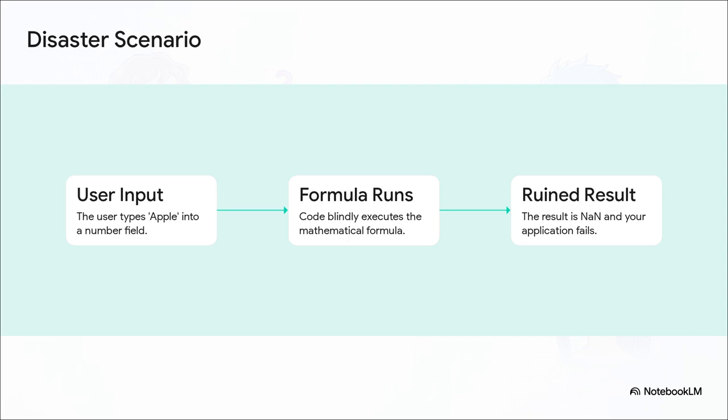But they decide to type in the word apple. Step 2, your code blindly takes that word and runs it straight through your mathematical formula. Step 3, the result is entirely ruined. Your formula tries to multiply or divide by apple, resulting in NaN, and your application completely fails to deliver the meaning of life. This highlights exactly why beginner developers absolutely must validate data before running mathematical formulas. We have to check the data first.